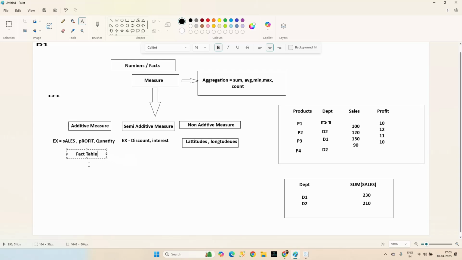Under this fact table, we have three types of fact tables. One is cumulative fact table.